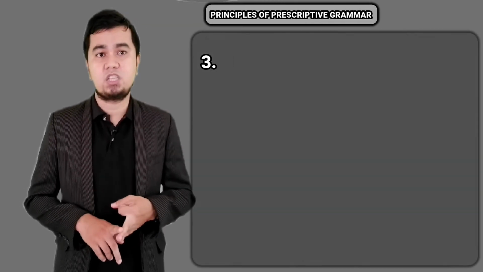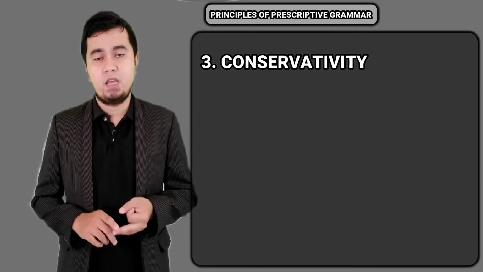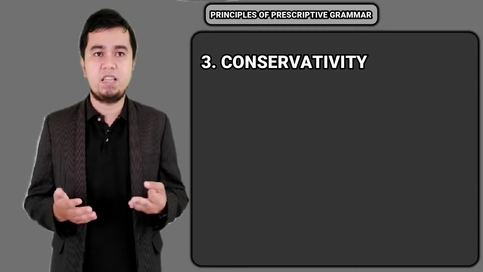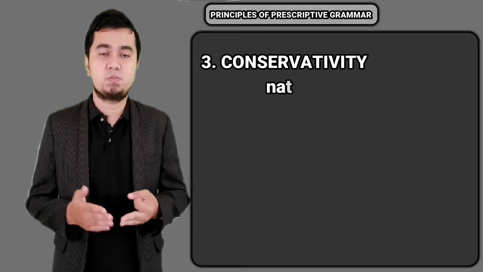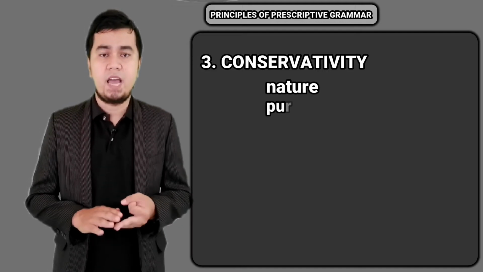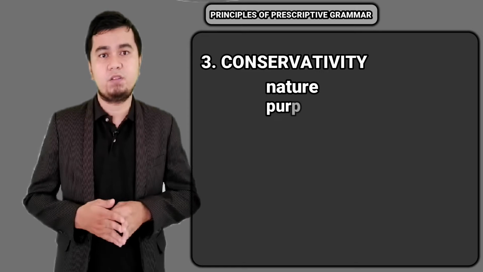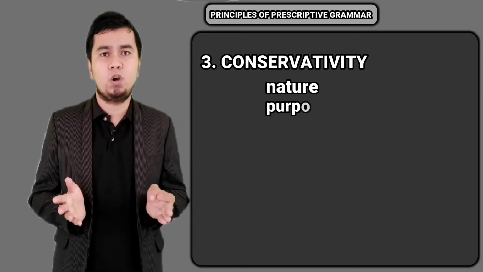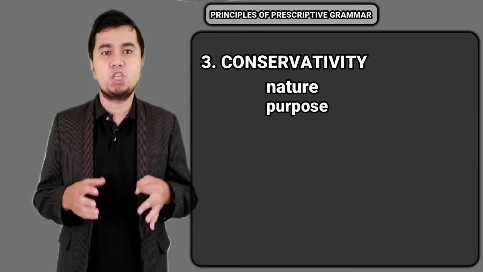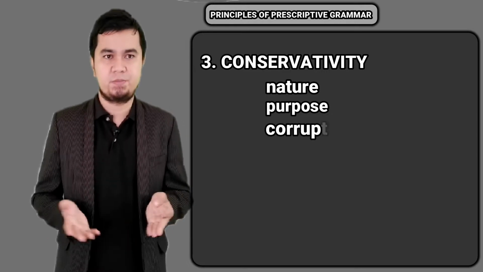Now, number three, the principle of conservativity. Grammar on this principle is very conservative by its very nature and its purpose. It is not given to language innovation, language change, and foreign influence.